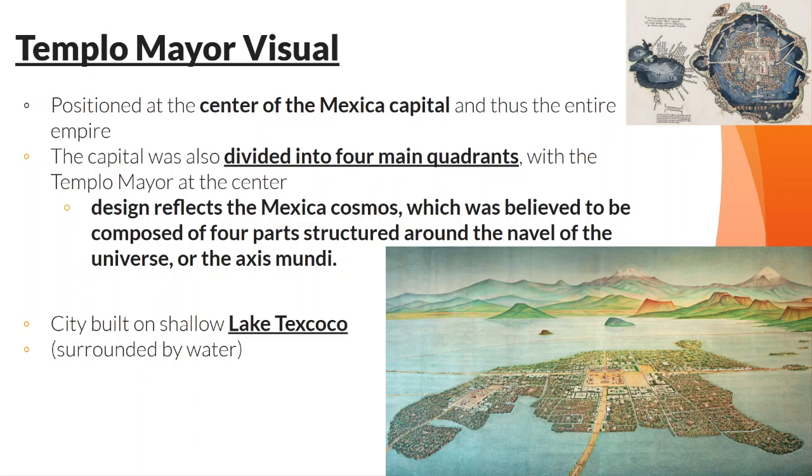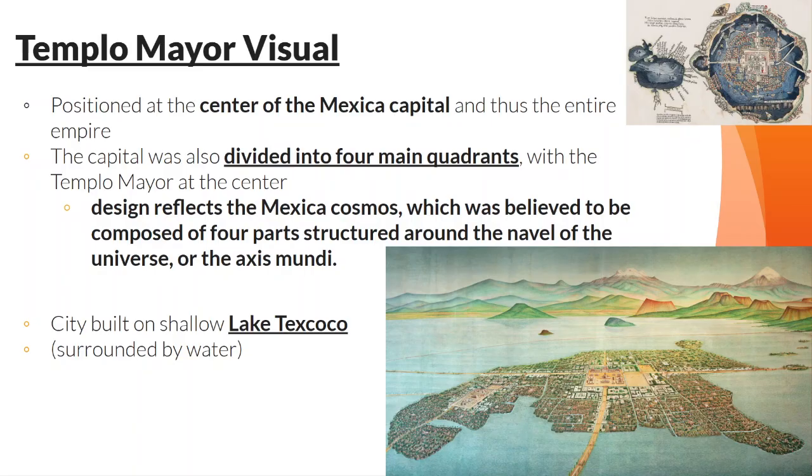The city, and then thusly the capital itself, is divided into 4 quadrants. So we see this division here. Usually anytime we see quadrants like this, it is based around our cardinal directions, north, west, south, and east. And they're doing this on purpose to show off the Mexica cosmos.